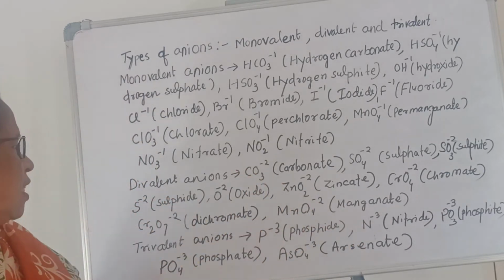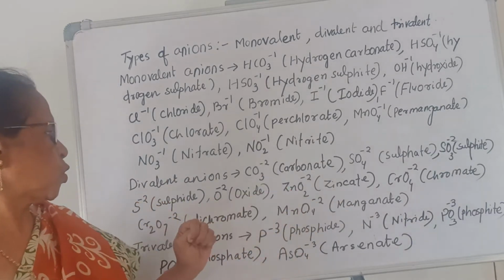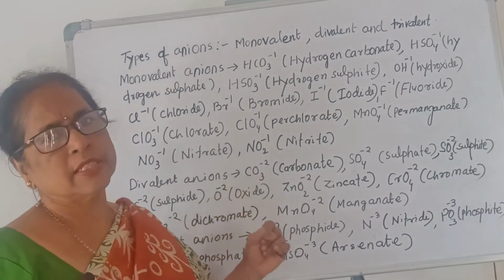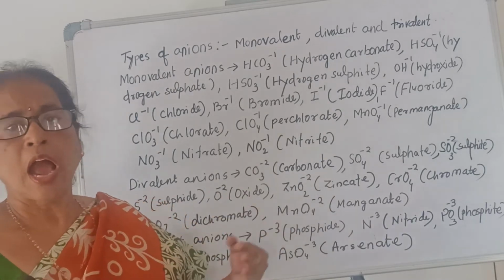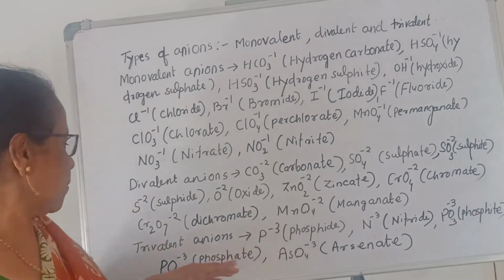These are the anions where the charge is minus 2, and you should remember these are called acid radicals and also anions having divalent charge.